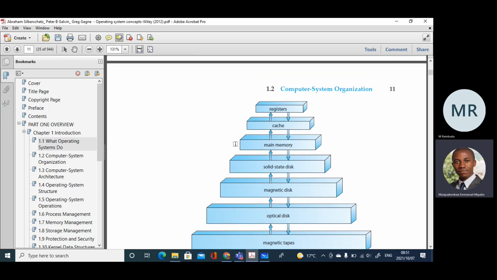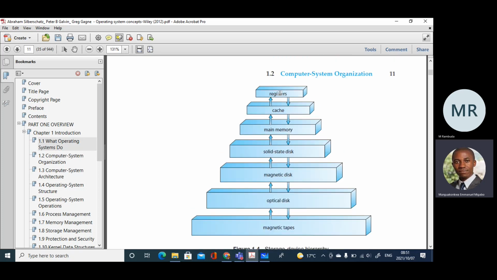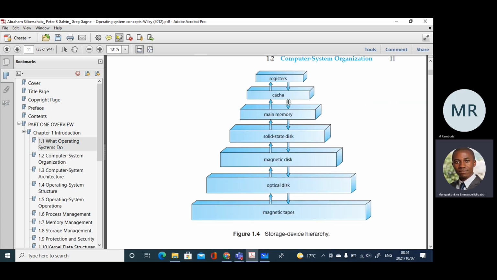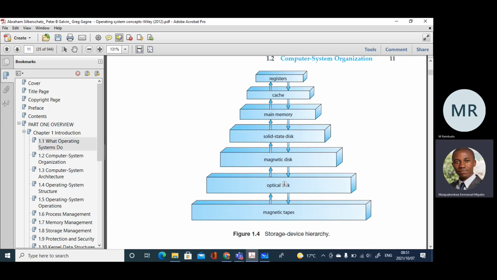When we speak about the higher levels, we're talking about the registers. Wait a second, no, we're talking about magnetic tapes. The very closer ones are lower levels, they're easy to fetch from. The magnetic tapes are the cheapest type of memory, right at the bottom.